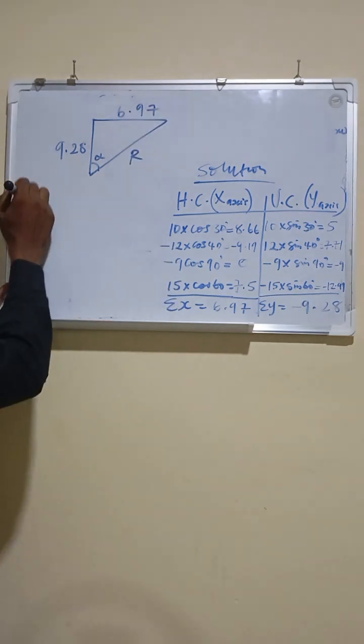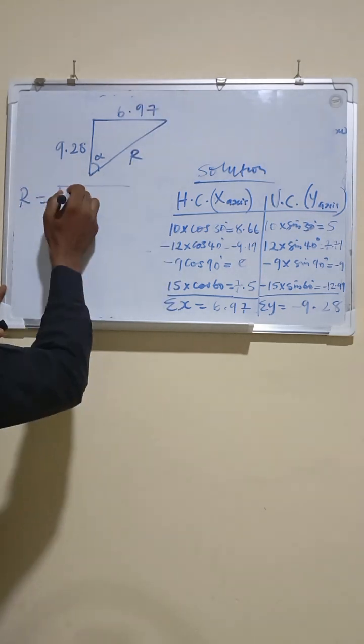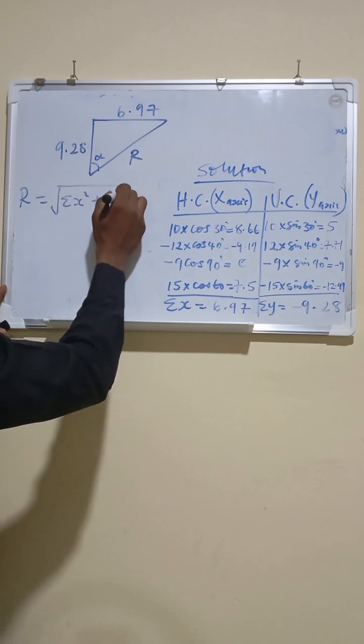Then let me calculate my resultant using the formula: the square root of summation of x squared plus summation of y squared.